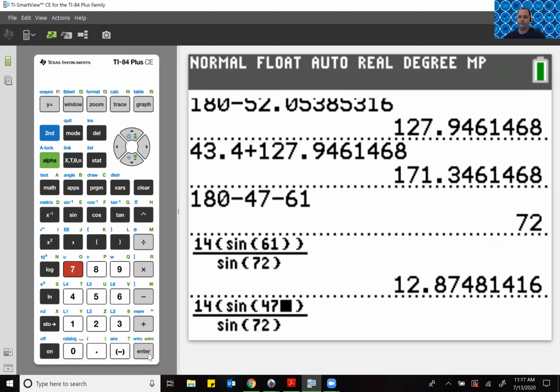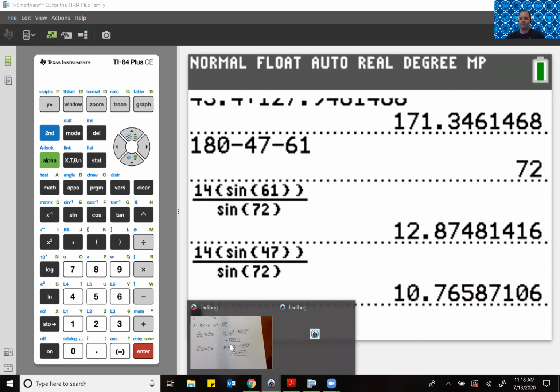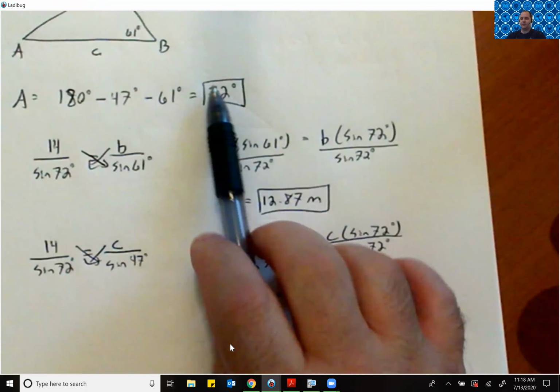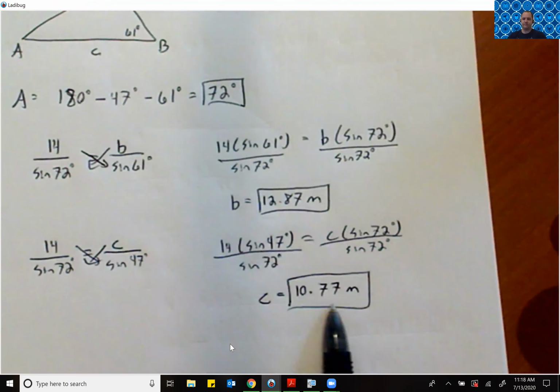And boom. So rounded to the nearest hundredth, we get 10.77 meters. And there you go. There are the answers to number 2. 72 degrees, 12.87 meters, 10.77 meters.